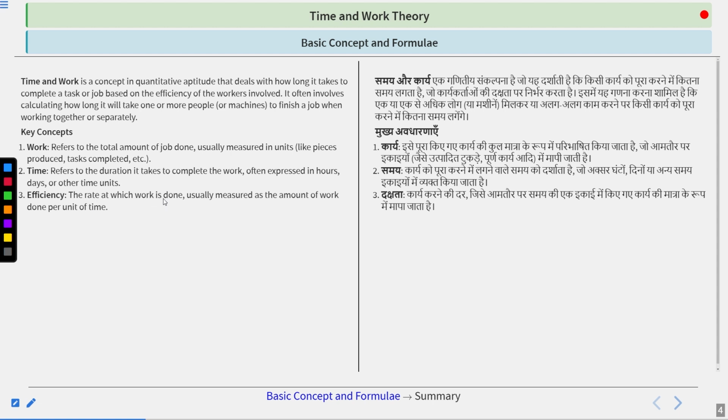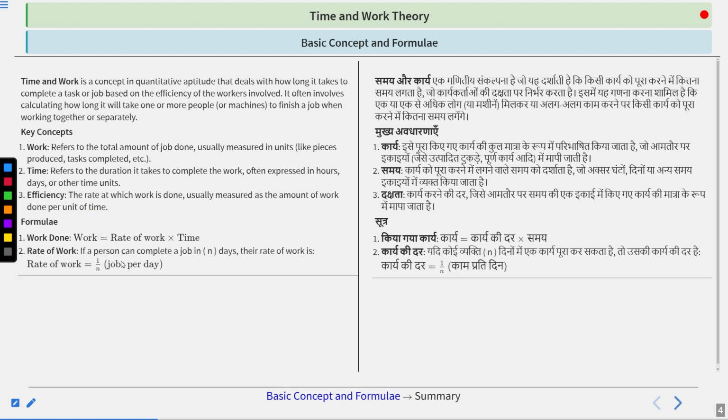The rate at which work is done, usually measured as the amount of work done per unit of time. Clear? So the formula becomes: work equals rate of work multiplied by time. Rate of work: if a person can complete a job in n days, their rate of work will become 1 by n job per day. Clear?